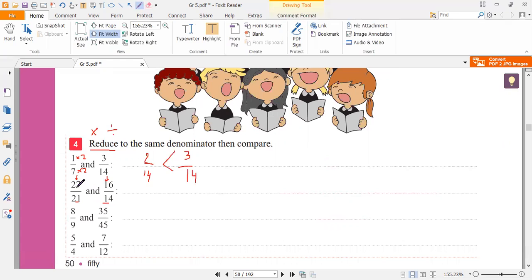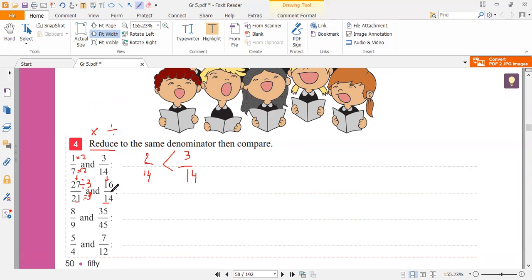Why? Because 2 plus 7 is 9, and 9 is divisible by 3. And here 2 plus 1 is 3, so it's also divisible by 3. So I'm gonna divide it by 3 here and here by 3. If I divide 21 by 3, the denominator will be 7.